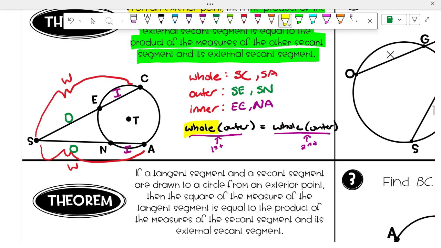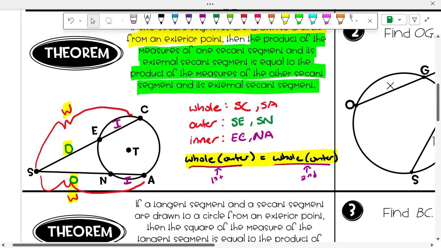So this is the main formula for that. That means we only need to really care about the wholes and the outers.